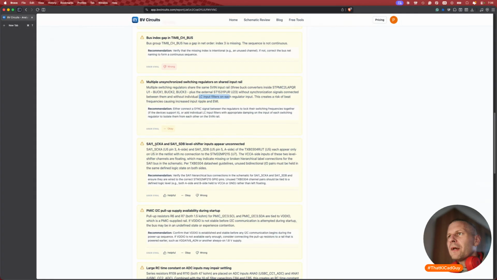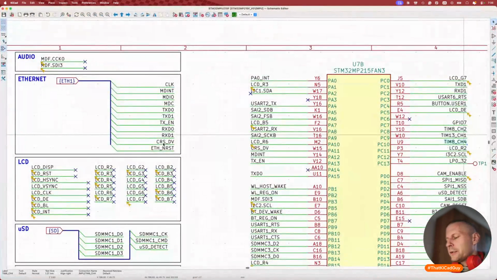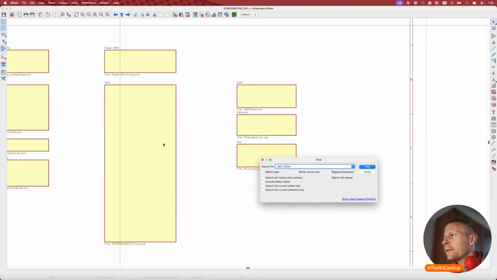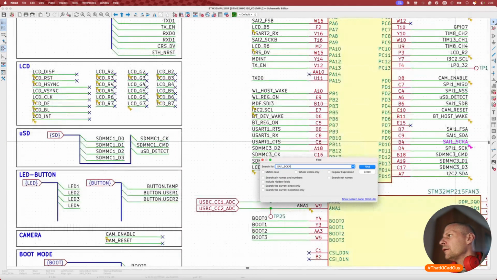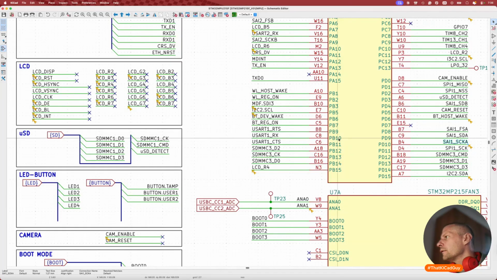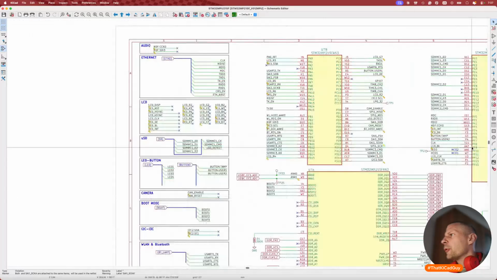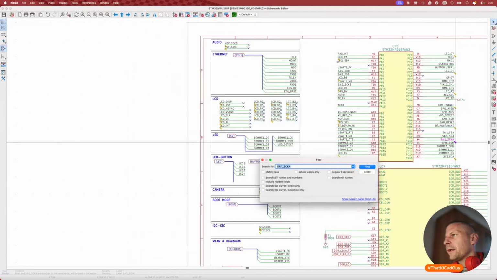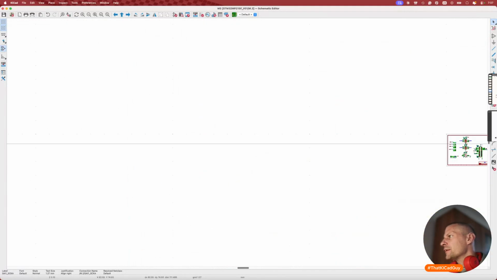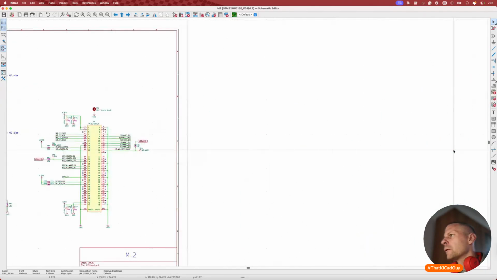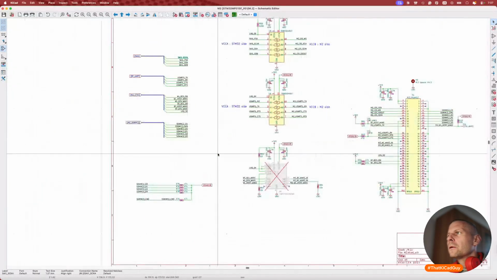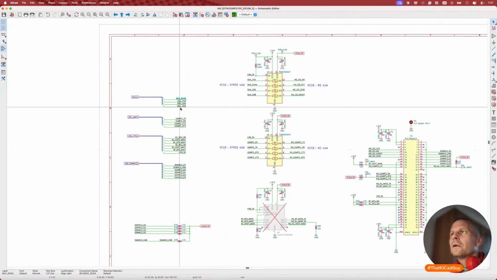SA1C, SCTA, and SDB level shifter inputs appear unconnected. Let's check. That sounds interesting. Yeah, probably because of the label names that are here.